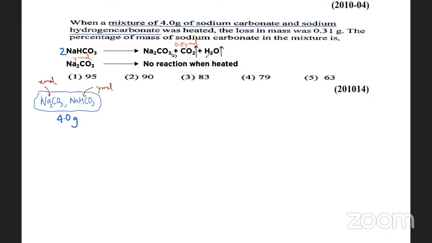And how many moles of H2O is going to evolve? Again, 0.5 Y moles of H2O is going to evolve. Half of this amount, half of the number of moles. And we don't have to worry about sodium carbonate because it doesn't undergo reaction. Therefore, just like the previous question, I can say total mass of gases evolved is equal to mass loss.